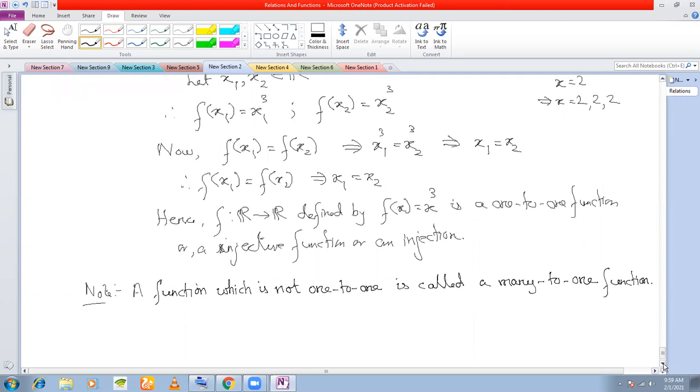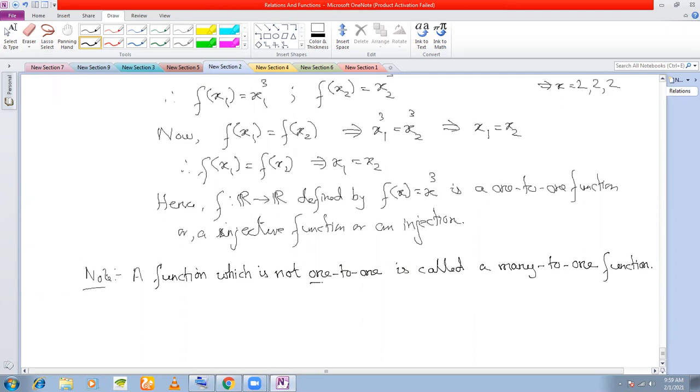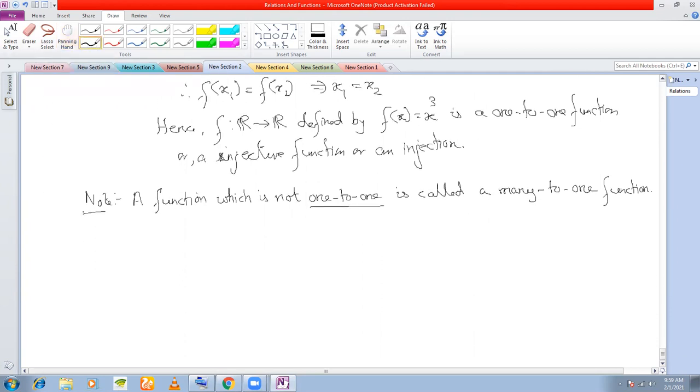One-to-one is important. So what you can say is that if a function is not one-to-one, it has to be many-to-one, provided it is a function, definitely. If it is a function and if you can show that it is not one-to-one, then it has to be many-to-one. For example, let us say this problem.